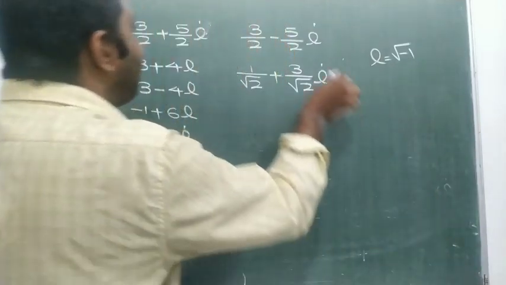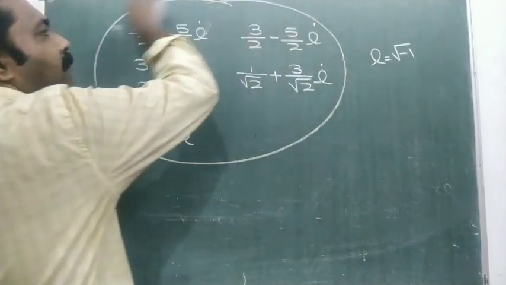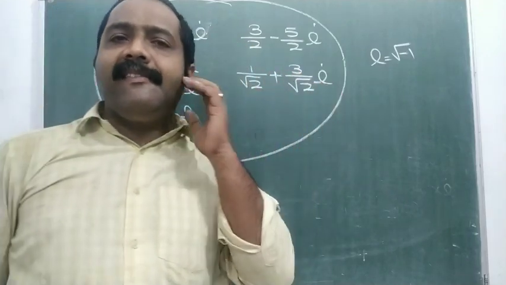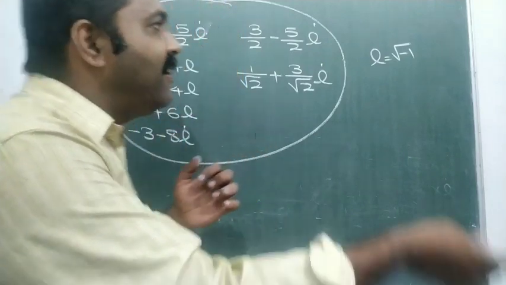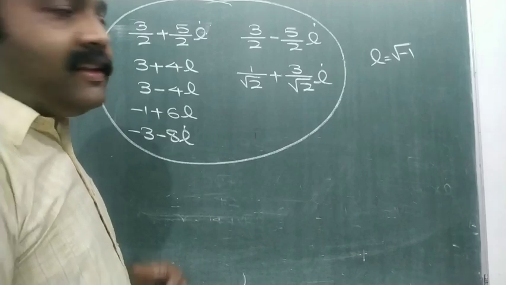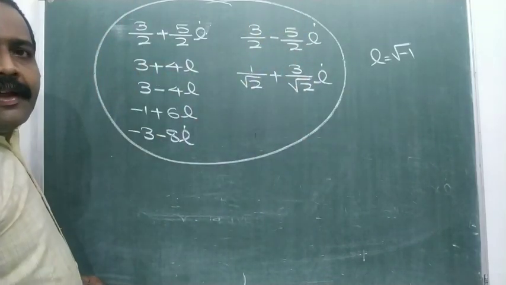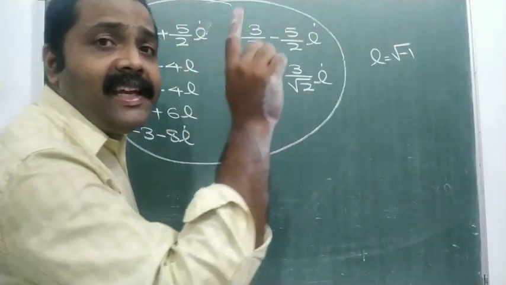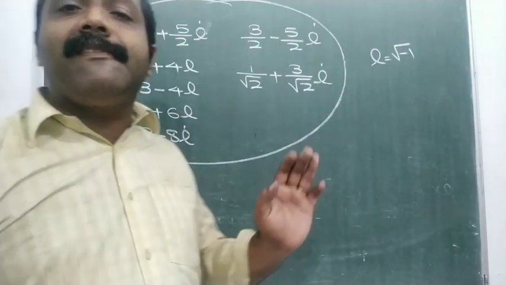Then we get this type of numbers. If the discriminant is less than 0, then we get numbers of this type. This type of numbers contains i. i is the short form of iota or imaginary number. The value of i is equal to root minus 1.